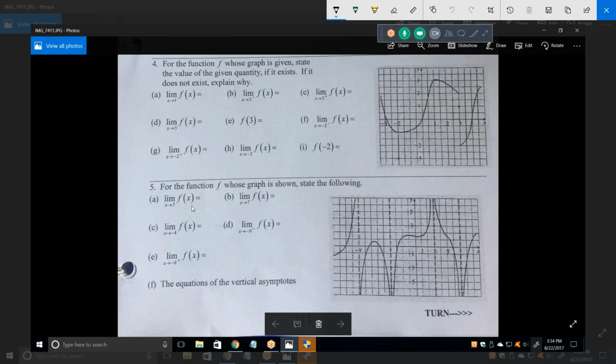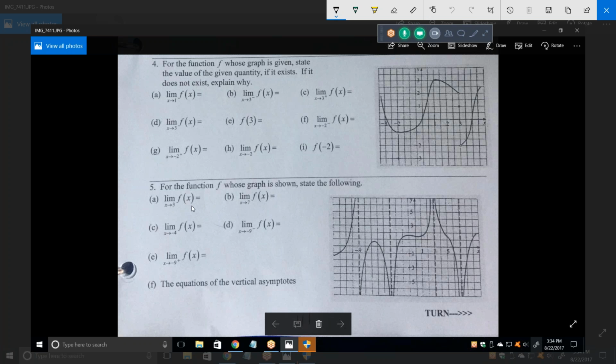All right, what's the limit of f of x as we approach 3? Whenever you're approaching a number, that means you have to approach it from the left and the right and make sure that those two things are the same.